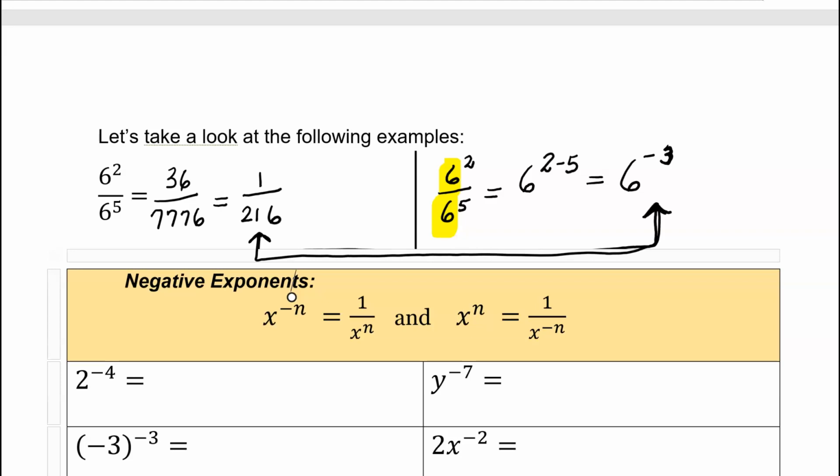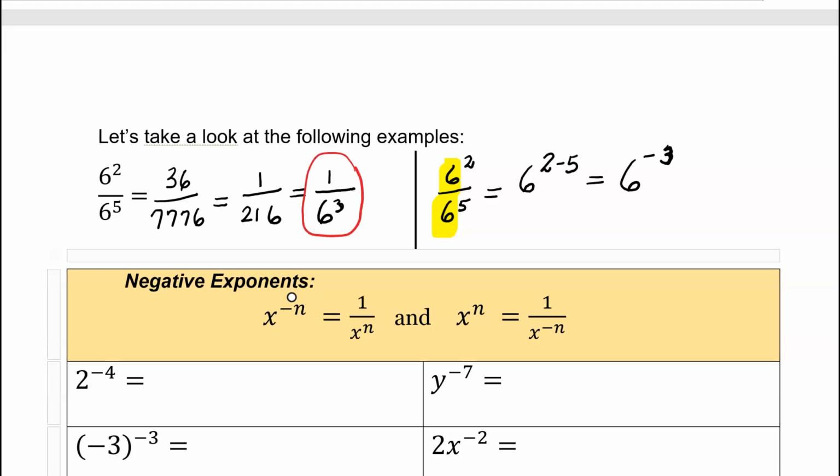Well, actually it is, because 216 happens to be 6 to the 3rd power. So really, what we want to emphasize for this particular problem is that 1 over 6 to the 3rd is equivalent to 6 to the negative 3. These are equivalent to each other.